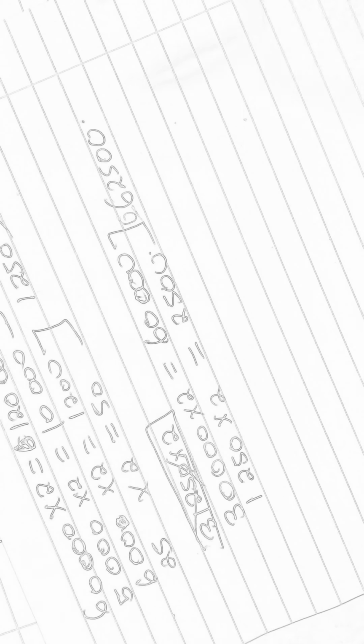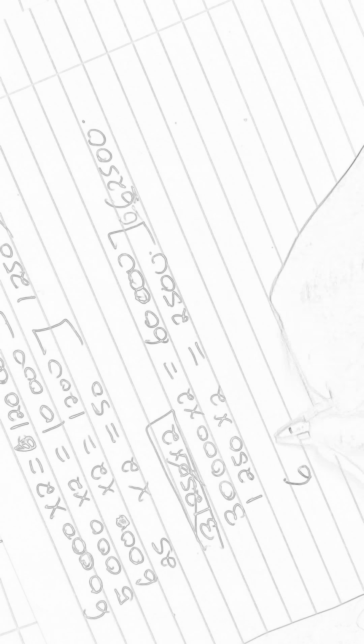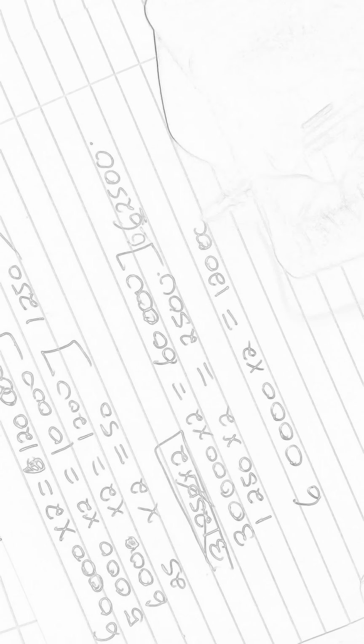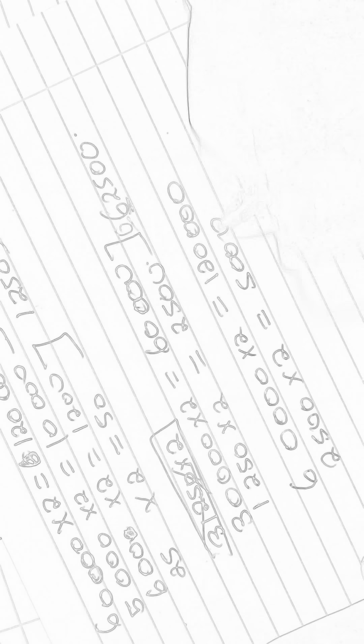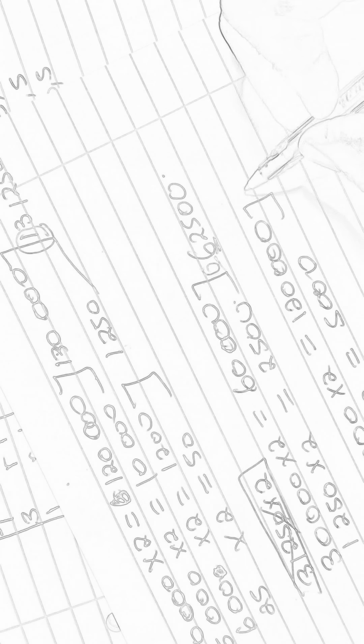So it's again 6 and 4 zeros, 1 2 3 4, times 2, which is 120,000, and then again 2500 times 2, which is 5000, and then we add them, which gives 125,000.